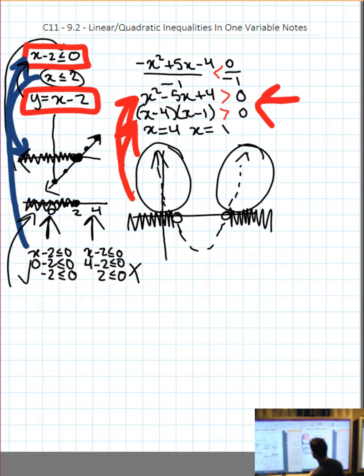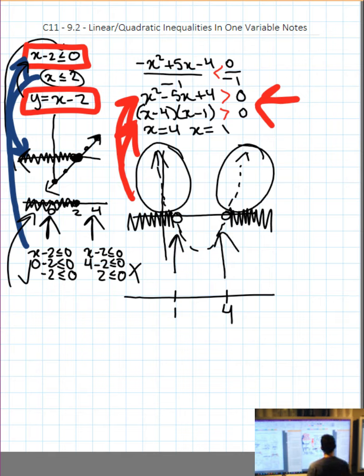And then draw an identical number line directly below. And put 1 and 4 exactly below where your x-axis was directly above. Put open dots there, and then shade in that same direction.